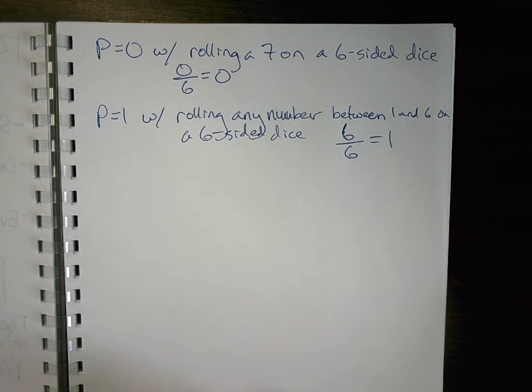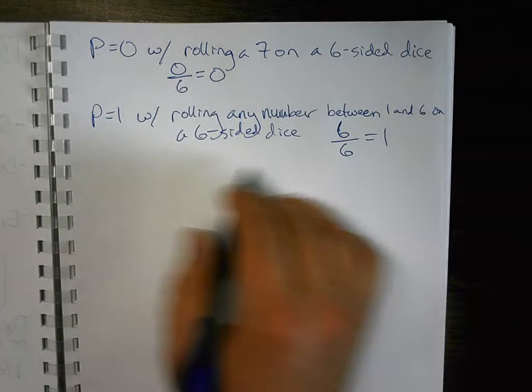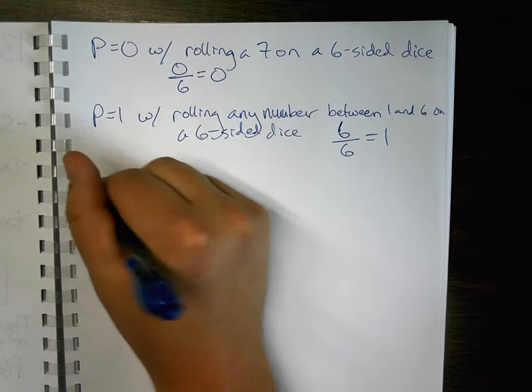Okay. So that's theoretical probability. Let's go to experimental probability.